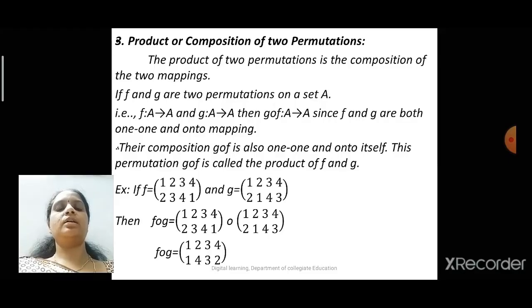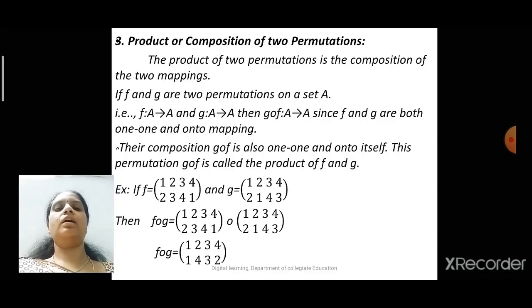In the set f we have 1 and 2. Here it continues with the g set, 2 with 1. So 1 to 2 to 1. Therefore under 1 we write 1. Secondly, 2 goes to 3, and 3 goes to 4 in g.